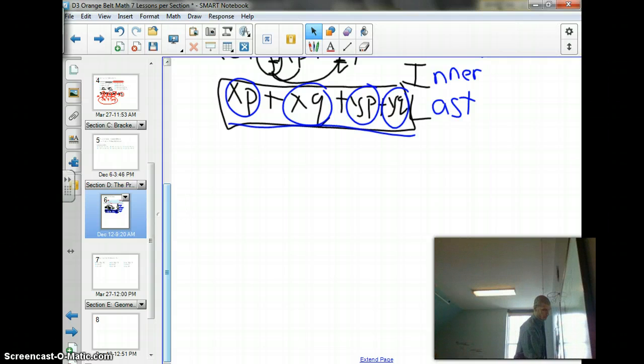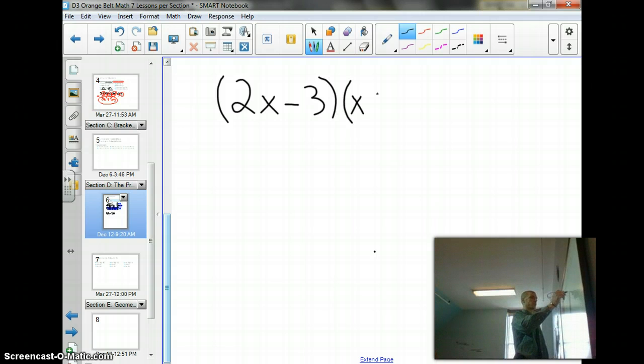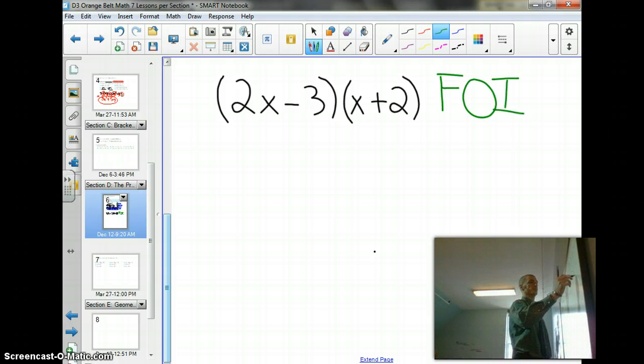Let's do one more quick example. Now if we had 2x minus 3, multiplied by x plus 2, we make sure we use FOIL.